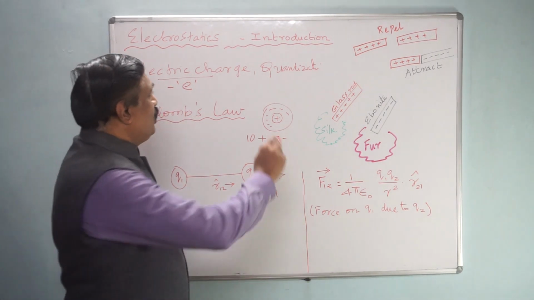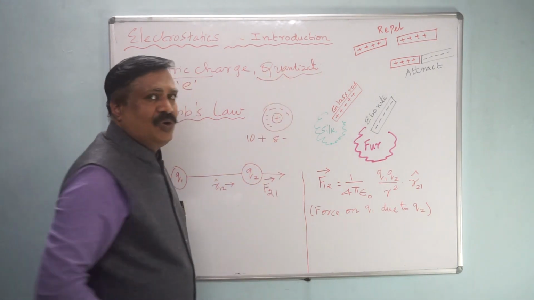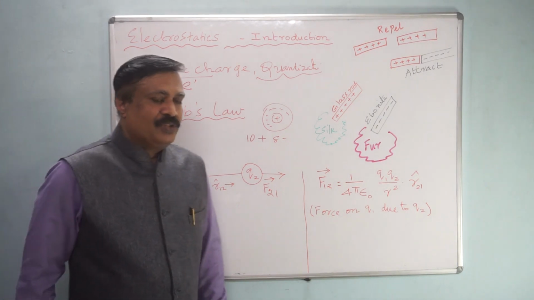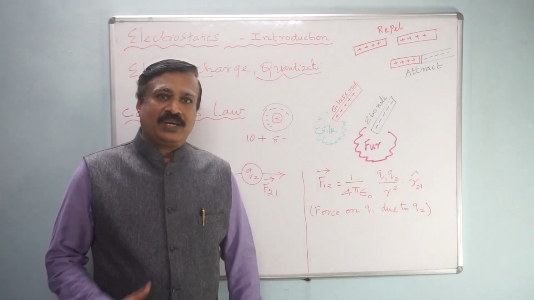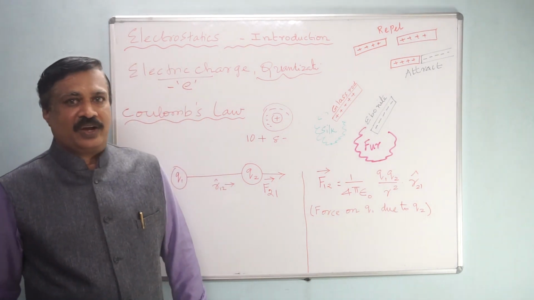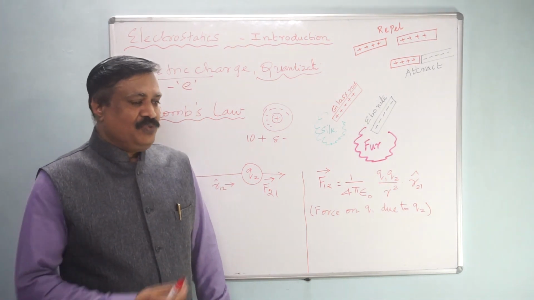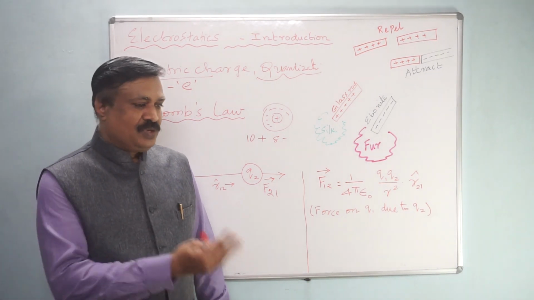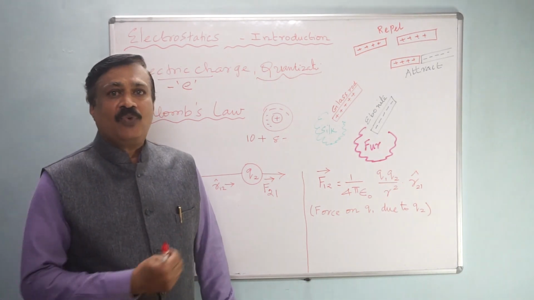And we are talking about quantization. What is meant by quantization? If you go to a shop, you can purchase 1 kg of sugar or half a kg of sugar. But if you are asking for a pen or pencil, you will ask for 1, 2 or 3 pens only.